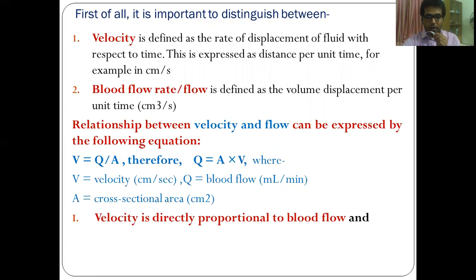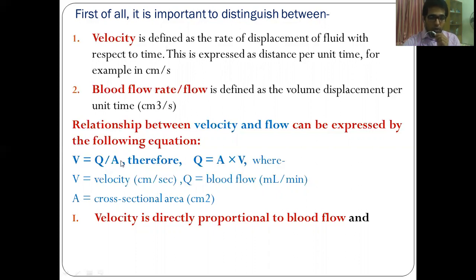So from this equation, we can say that velocity is directly proportional to the blood flow. That means if the blood flow increases, that also increases the velocity of the blood. And velocity is inversely proportional to the cross-sectional area.